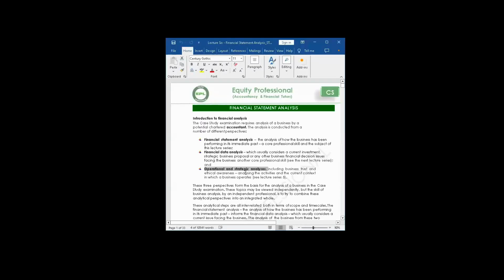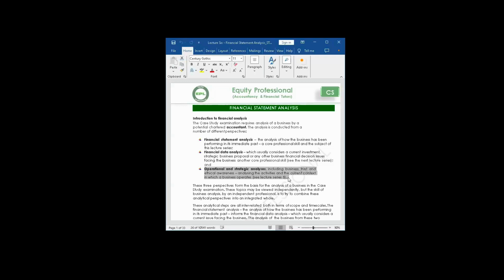So, like I was saying, these are the three analytical skills that can be used to solve the two requirements in case study exam. And I said that 2 weeks ago we had a class on operational and strategic analytical scale. This is a scale we mostly use when there are issues around business operations and when there are strategic decisions to be made for a business.